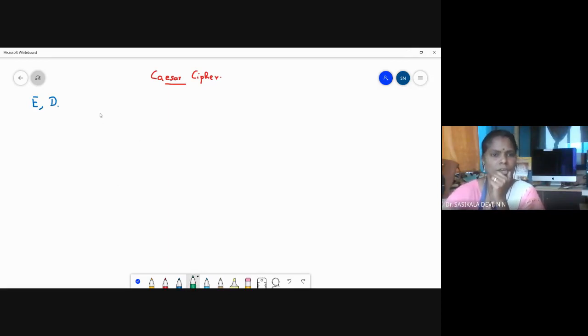E is the encryption algorithm. It takes plaintext as an input and key as another parameter, and produces ciphertext. Simply take the plaintext and add the key, then do the modular reduction with 26 because it is for the English alphabet.